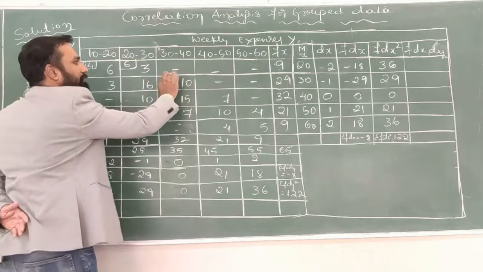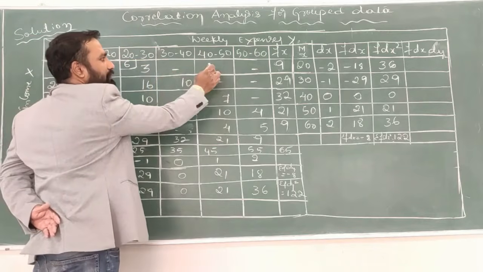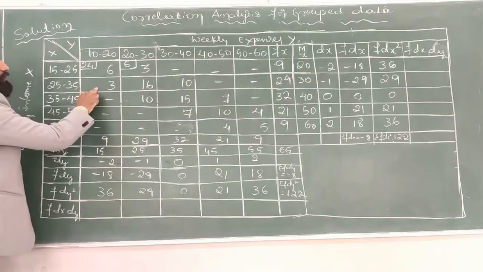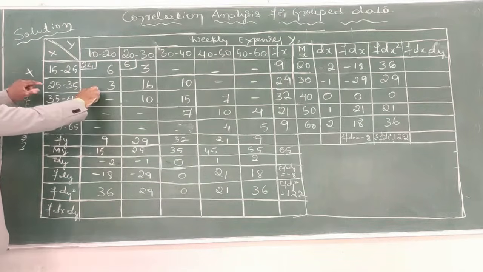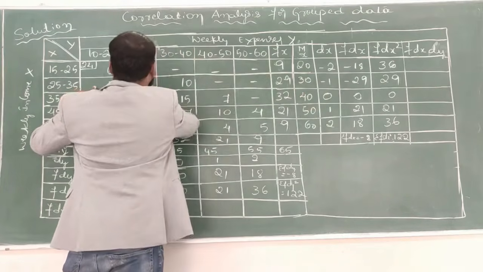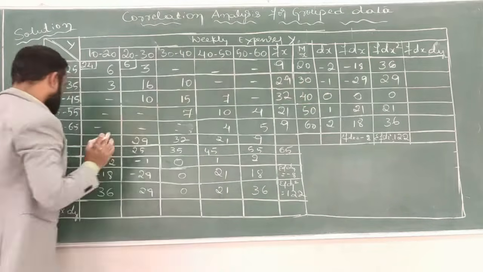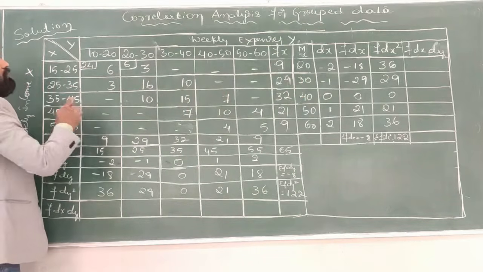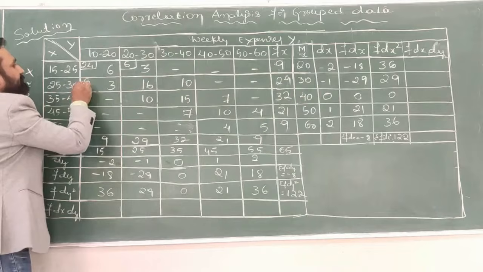The remaining boxes have no frequencies, so leave them. The next is 3, dx is minus 1, so 3 into minus 1 is minus 3, minus 3 into dy minus 2, the answer is 6.